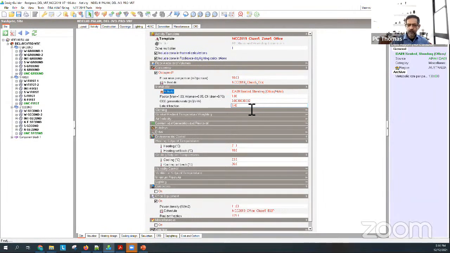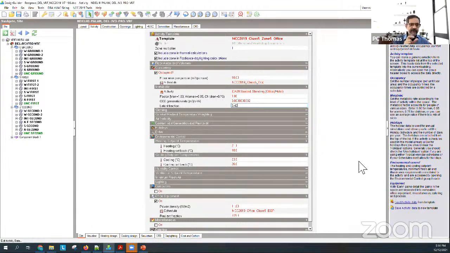So in that case, the model wants to know for load calculation, you've given it 130 watts. How much of that is latent? That's what it's asking me for, this latent fraction. So if you take that 55 watts, which is latent, and you divide it by the total of 130 watts, you'll get 0.42, which is what I have put.